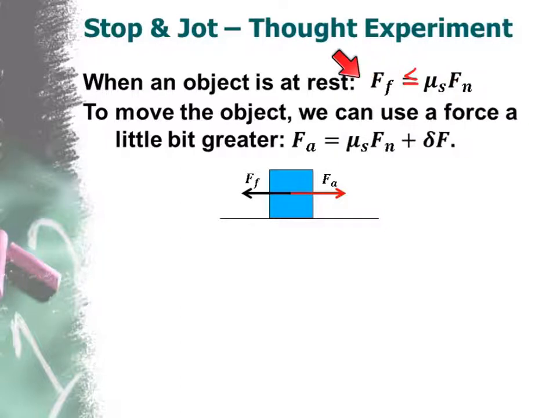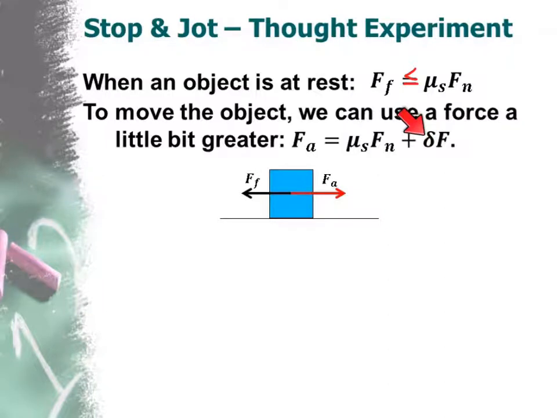So why don't I apply a force that is equal to that maximum static friction force plus a little bit more. And in physics we can say a little bit more by using this symbol, which is the small letter delta. So the small delta F, an additional small force.